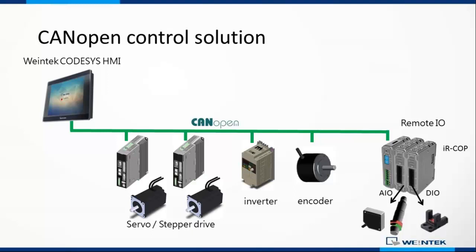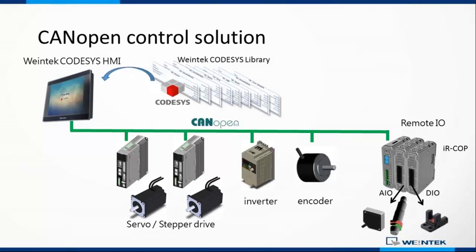Through the Weintek library, we can directly control a servo motor on CANopen. But CANopen cannot support too many motors because the bandwidth is lower than EtherCAT. So we suggest not too many axes on the CAN bus.